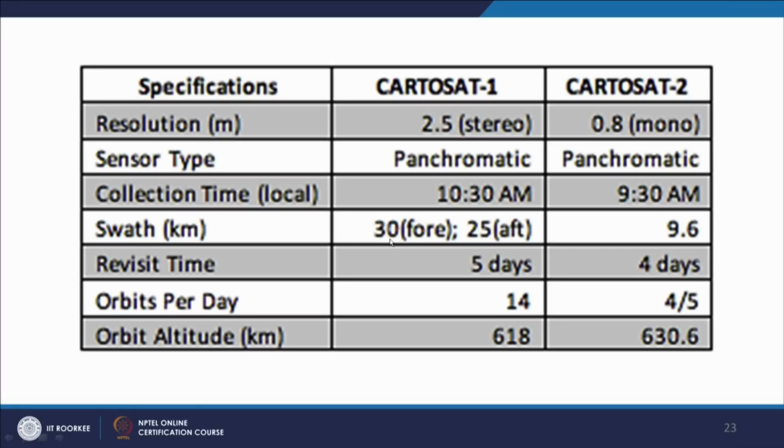Here the swath is 30 for forward and backward, but there the swath is 9 point something. So it's a narrow swath, which means poor temporal resolution. As you can see, the revisit time here is 5 days, there it is 4 days. Orbits per day: 14 orbits per day covering the entire Earth here, 4 or 5 orbits there. And of course the altitude can also bring variations in all these.